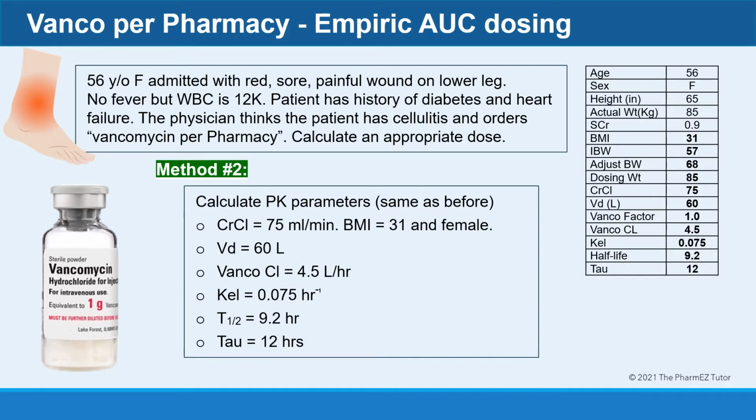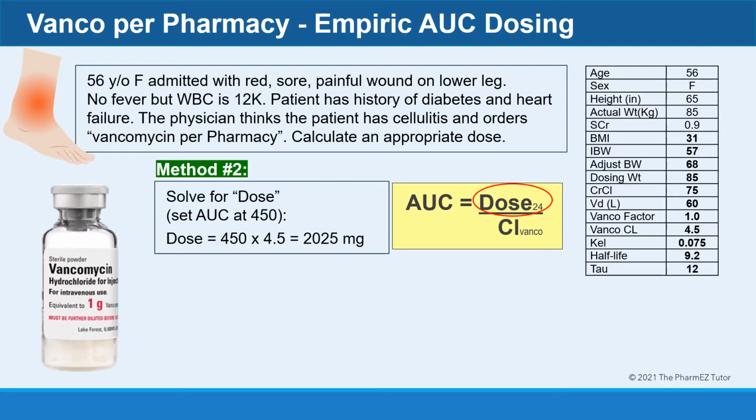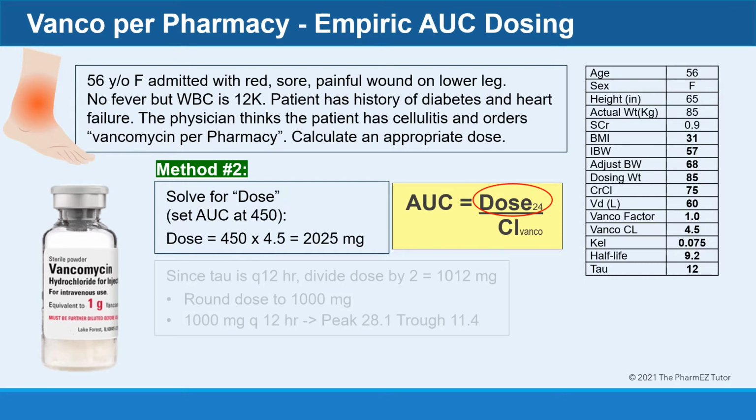In method 2, we'll calculate the pharmacokinetic parameters as before. However, instead of estimating a new dose and peak and trough levels, we use our new formula to solve for the dose, which would be the AUC that we set at 450 times the vancomycin clearance of 4.5, and we get a dose of 2,025 milligrams.